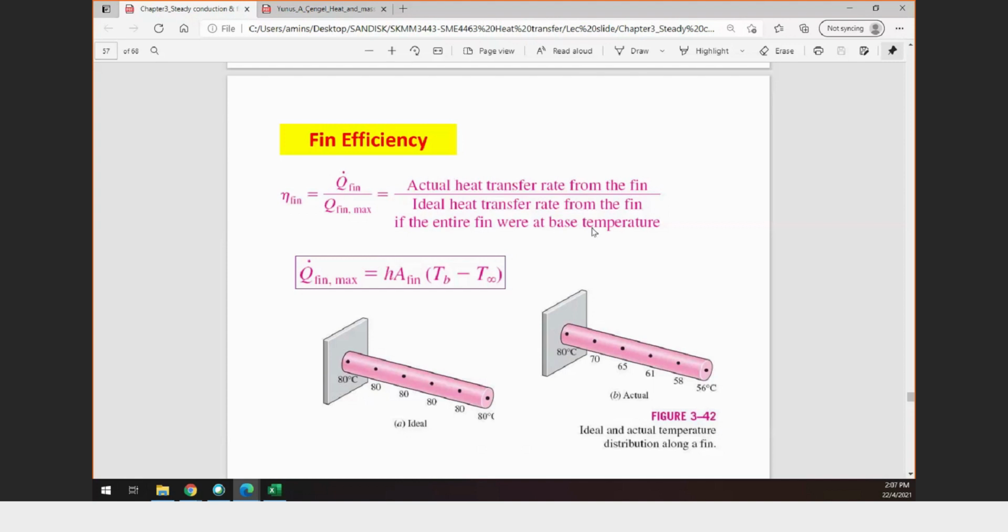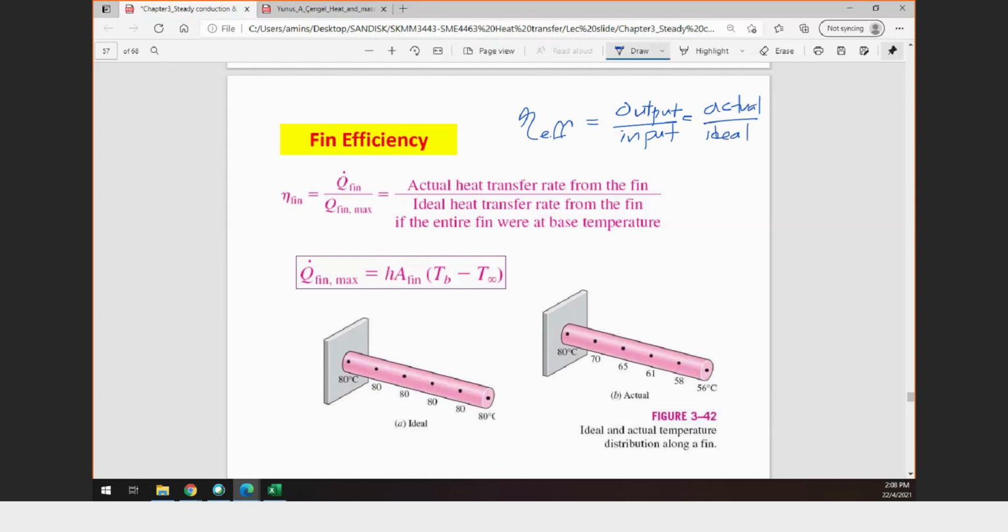So what is efficiency? What is the common term for efficiency? Normally, any efficiency is equal to the output divided by the input. This is the common definition that you may have used previously, or sometimes we put it as actual divided by ideal.